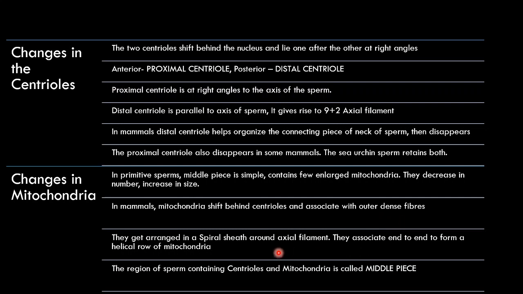They get arranged in a spiral sheath around the axial filament, and they associate end to end to form a helical row of mitochondria. And the region of the sperm containing the centrioles and the mitochondria is now called the middle piece.